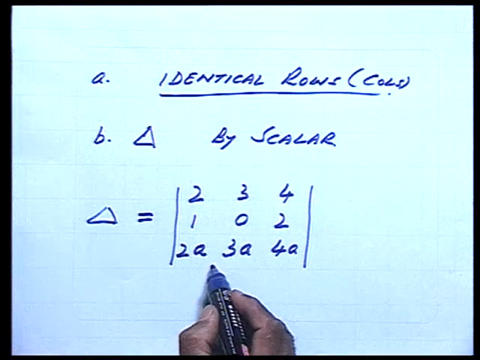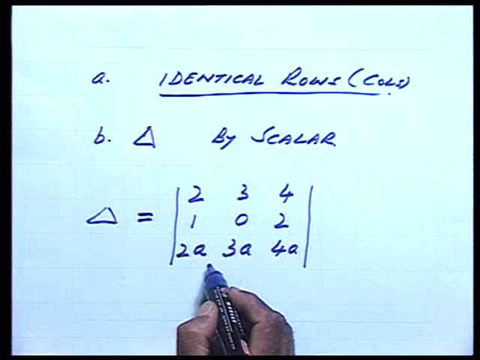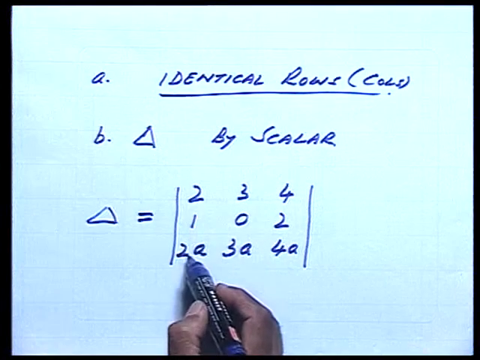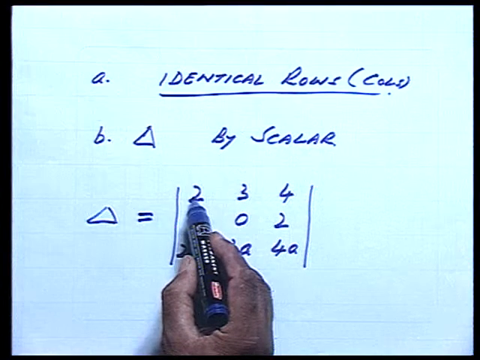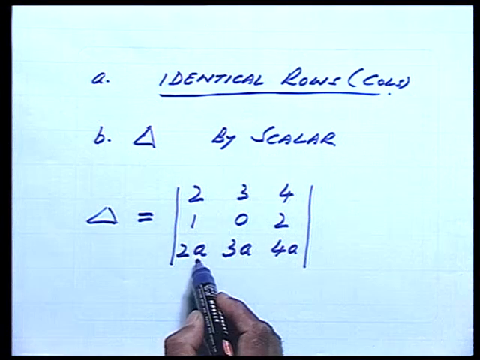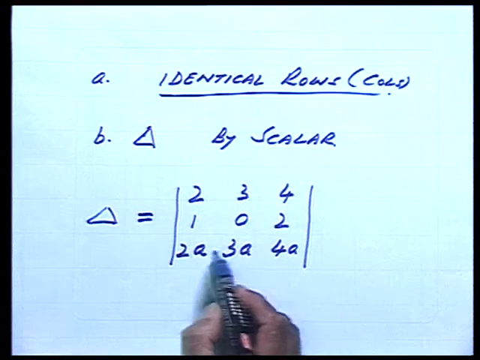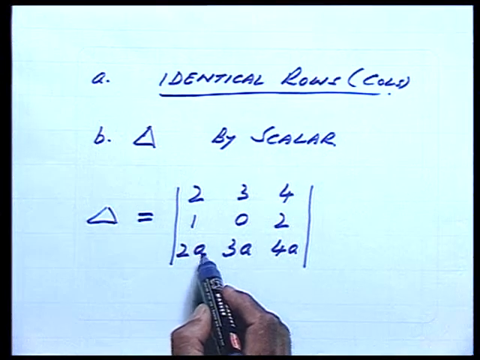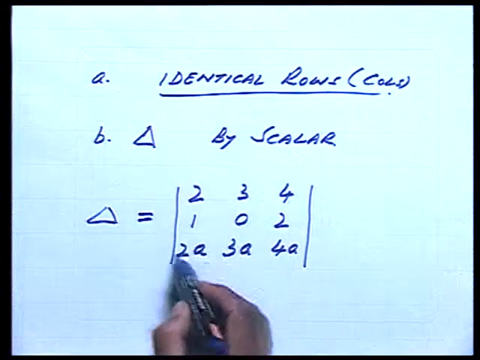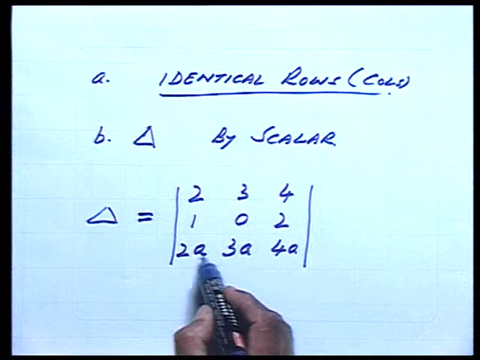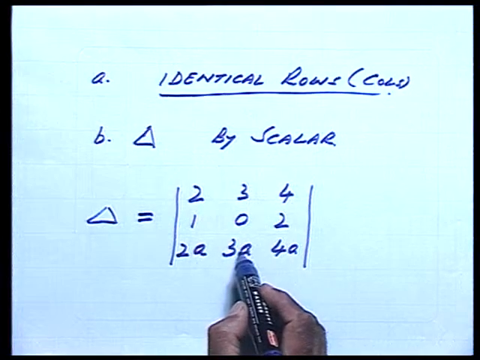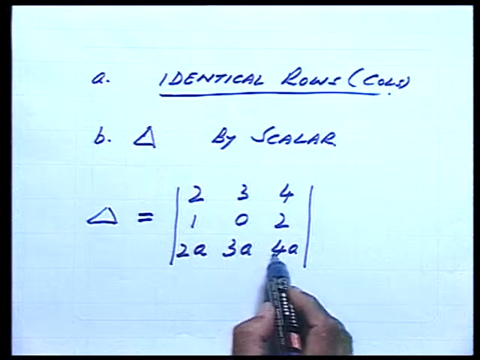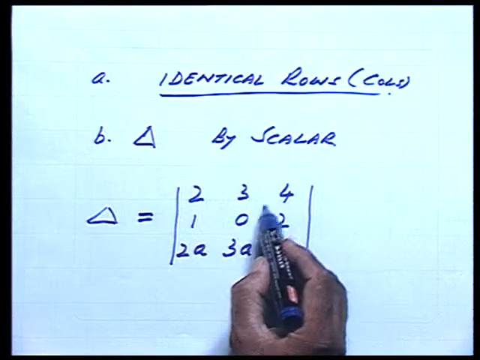What do you think will be the value of this determinant? See, this third row is a scalar multiple of the first row. This scalar multiple is going to give us the entire determinant value just getting multiplied with this scalar a, but otherwise this 2, 3, 4, this 2, 3, 4 are the same.